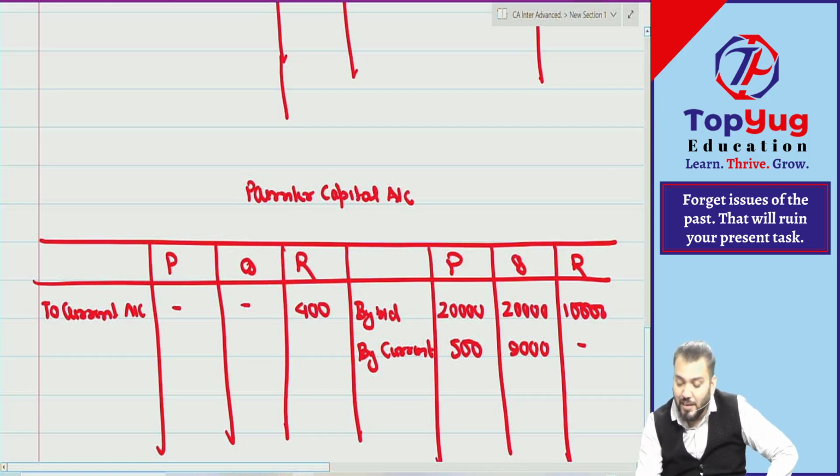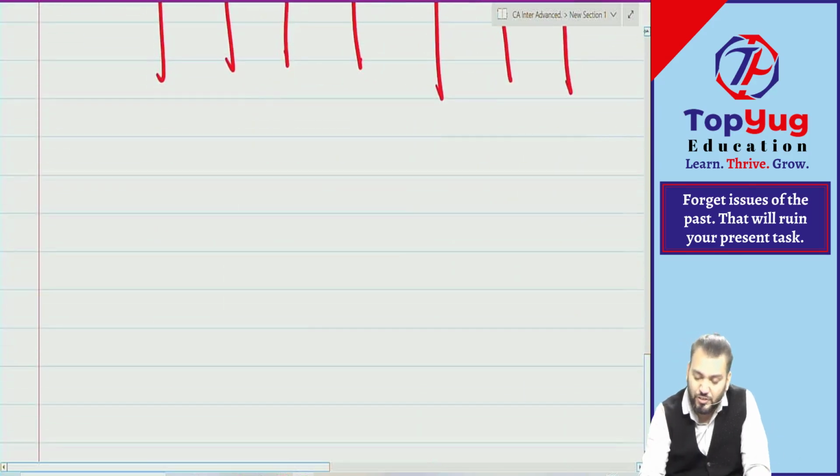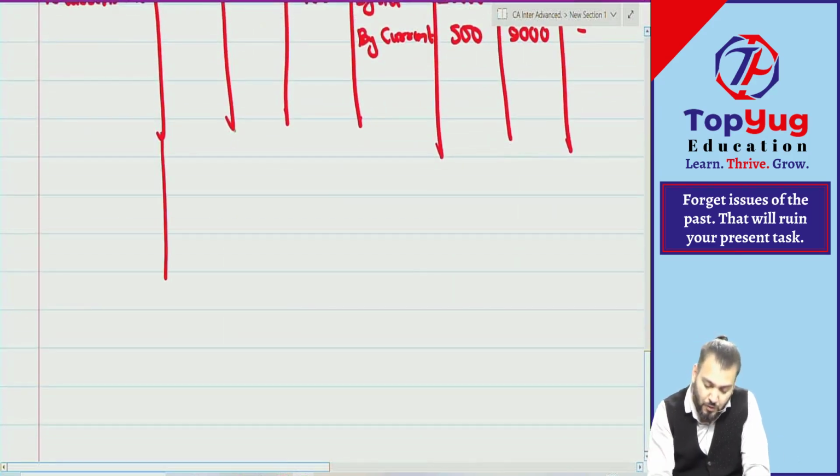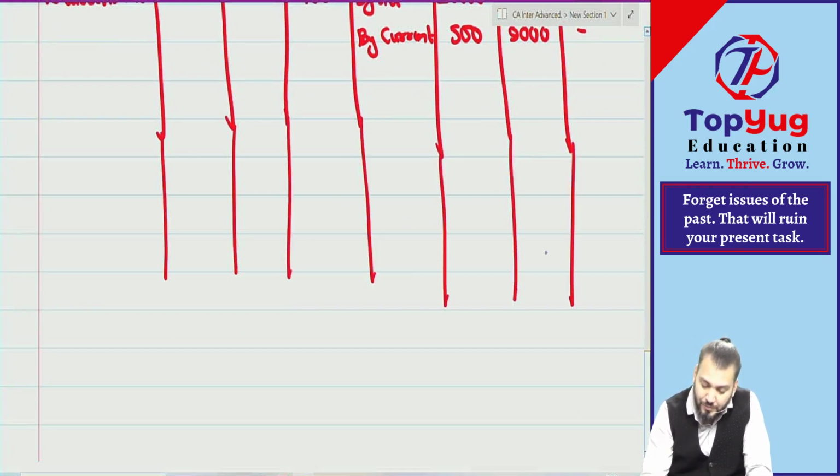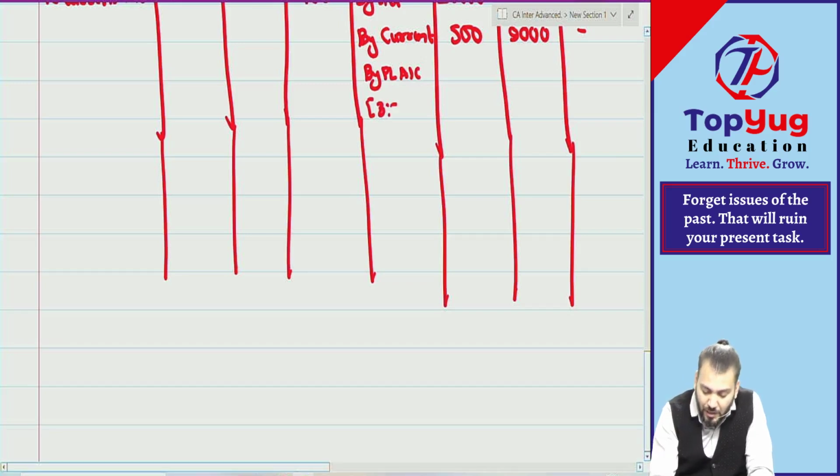Then they have given the PL account debit balance. So this PL account will be distributed among all partners in the profit sharing ratio. So written by profit and loss account. What is the ratio? It is 3 is to 2 is to 1. So can you allocate the PL account 12,000 in 3 is to 2 is to 1?